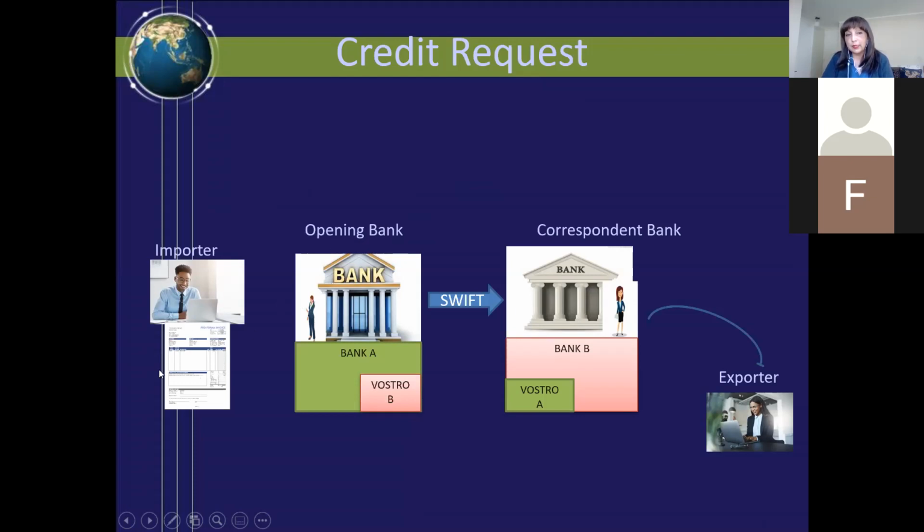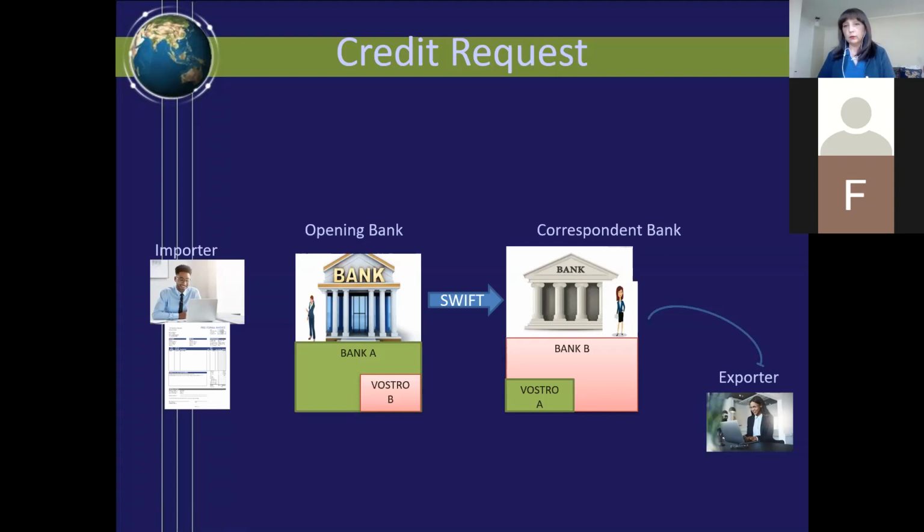So the bank takes this information, takes this document, and gives to the importer a letter of credit application, which is a document. When you go to a bank to request credit, they give you a form, right? An application to request the credit. In that application, the importer has to reveal all his financial status.